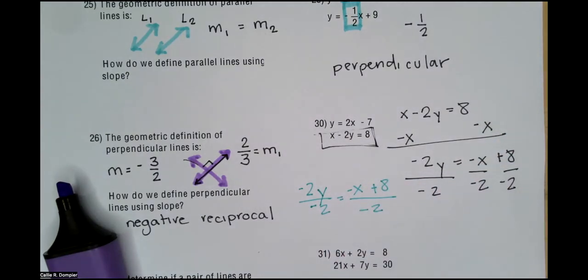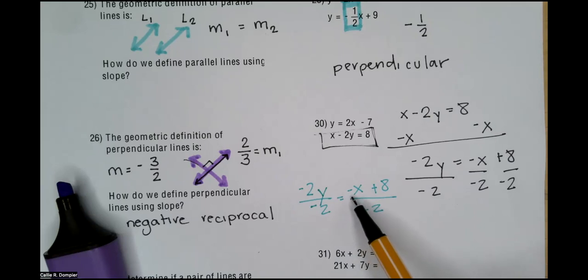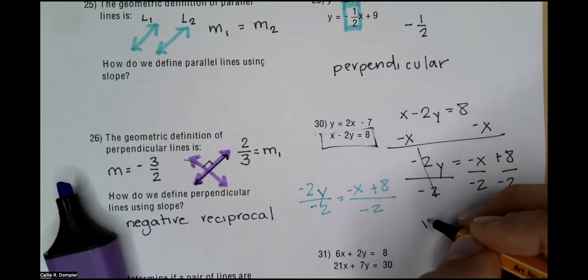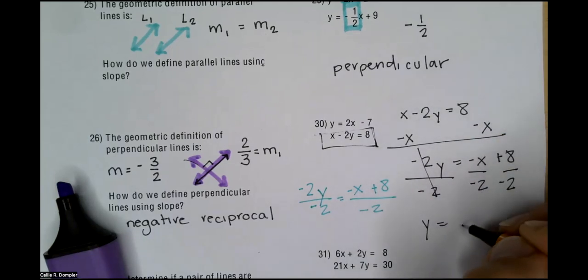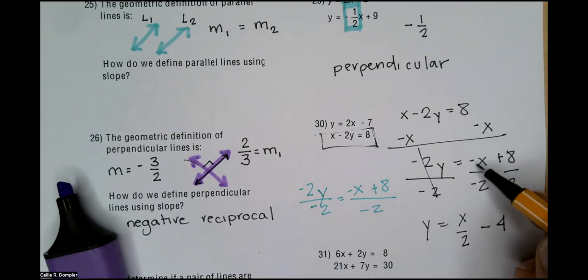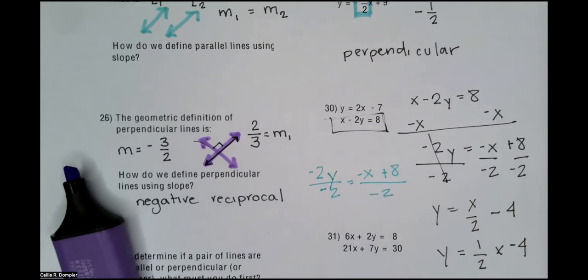Those have the same value. -x divided by -2 plus 8 divided by -2 is the same as -x plus 8 all over -2. Anyway, y equals negative divided by negative is a positive, so it's x over 2. 8 divided by -2 is -4. Remember, negative divided by negative is a positive, and you can also write it as 1/2 x minus 4.